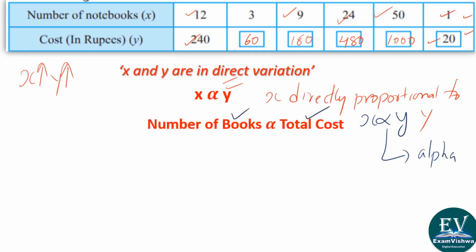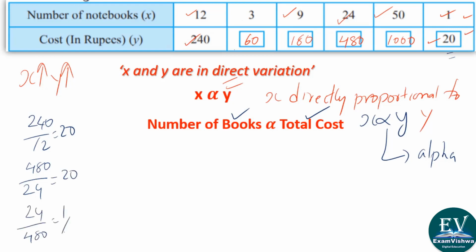And if you don't know how much it costs, 240 divided by 12 is equal to 20. It is already given that 20. If you consider x or y, dividing in the case of 480 by 24, that is also 20. If you divide 24 by 480, you will get 1 upon 20.